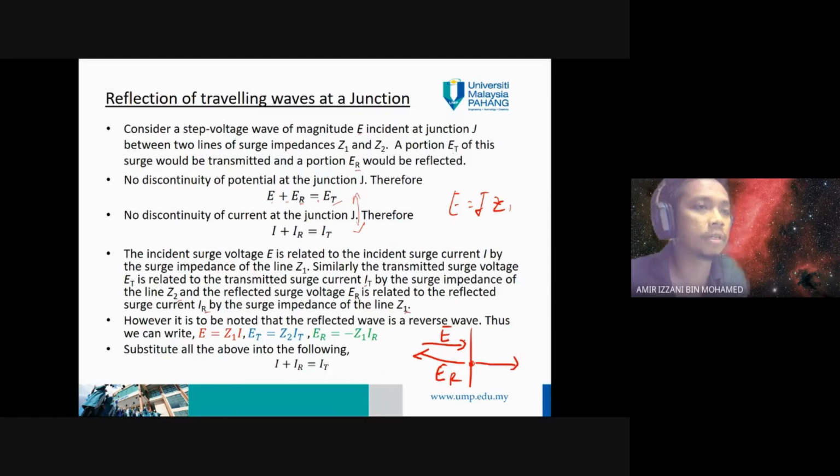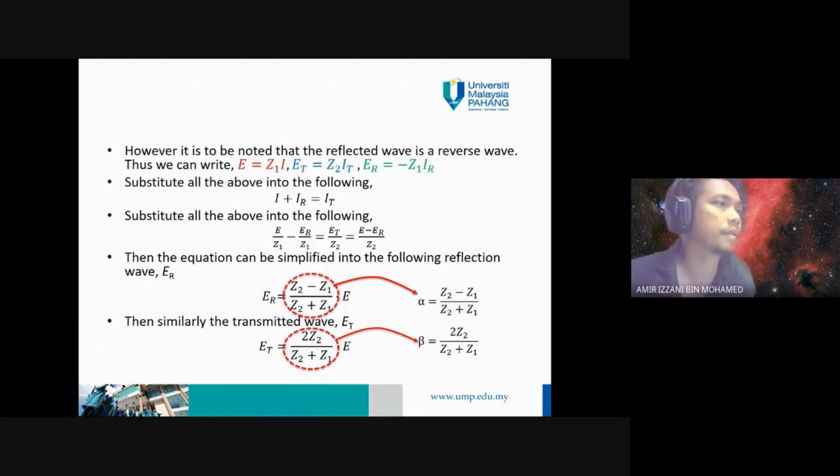The transmitted wave ET is in the same direction as E. So the direction here is negative, and we put a negative for the reflected part. Then we substitute all of these individual equations into the current equation. This is what we have.